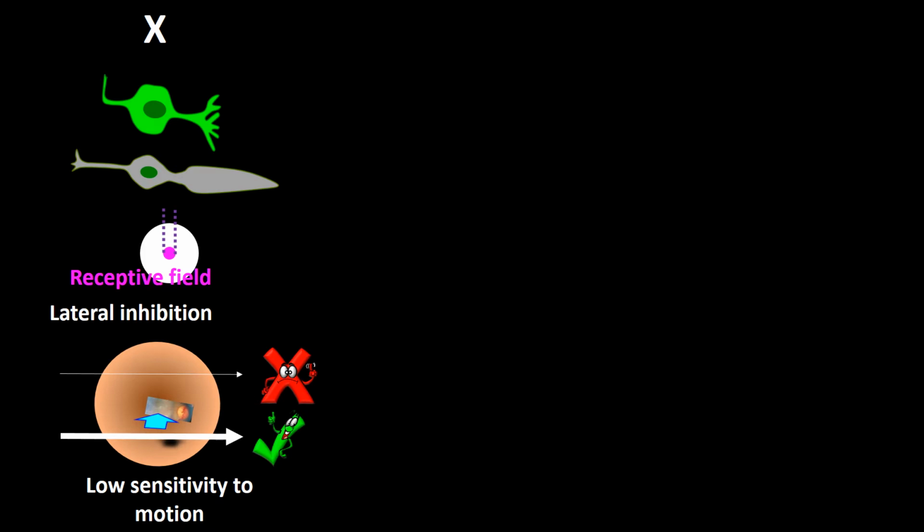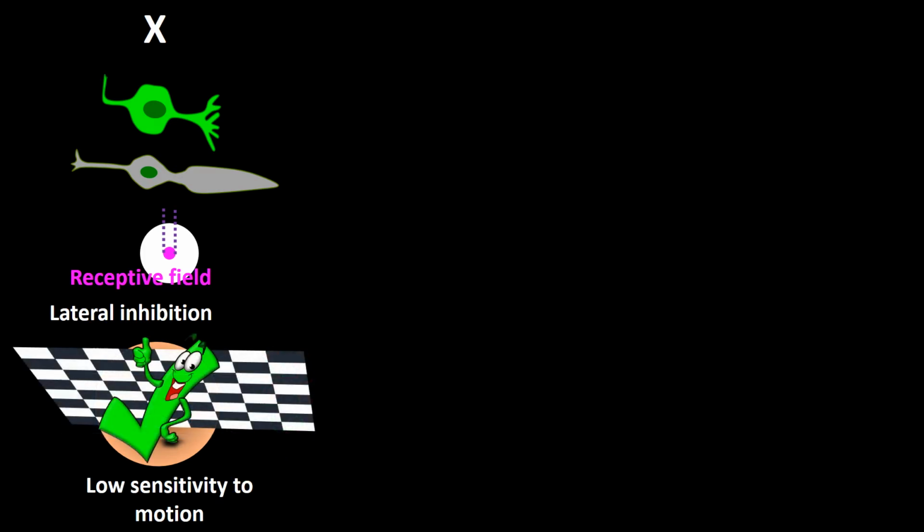Ganglion cell X hardly discharge when the retina is exposed to moving objects, thus are said to have low sensitivity to object movements, but are very active when the retina is exposed to patterns.